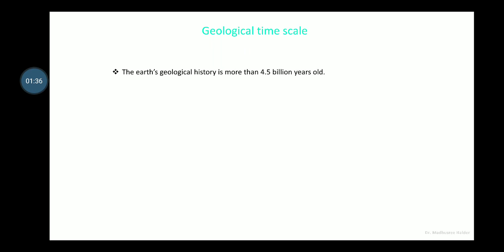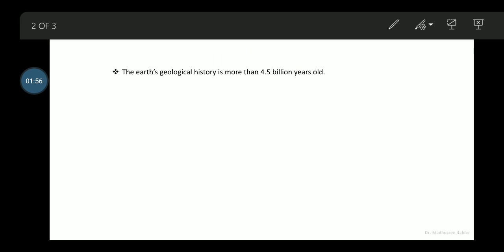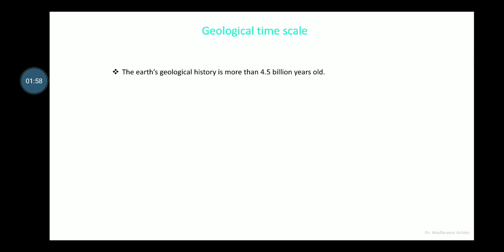So let's start geological time scale. As we know, Earth's geological history is more than 4.5 billion years old. That is, our Earth originated 4.5 billion years ago. Different scientists tried to map the geological history of the Earth.